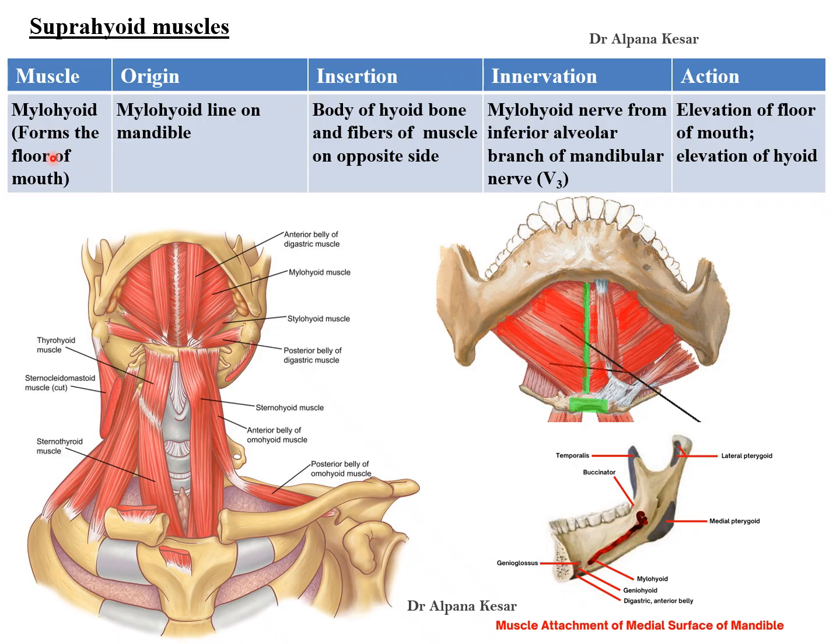Mylohyoid muscle. Mylohyoid muscle, which forms the floor of the mouth, is also called oral diaphragm. Its origin is from the mylohyoid line, which is present on the inner surface of the body of mandible. Insertion of mylohyoid is the lower fibers get inserted in the body of the hyoid bone.